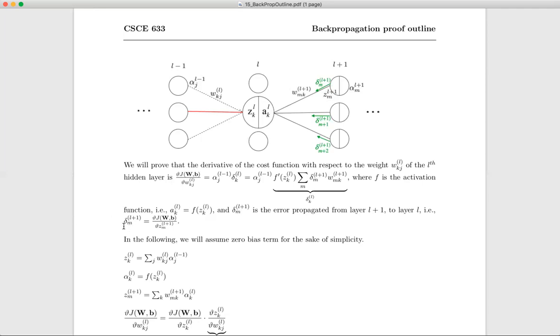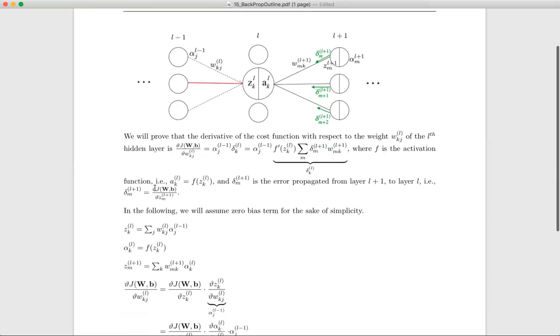If you think about it, this error says how much our cost function changes if the input in that specific node changes. So in this proof, we are going to start by expressing this first order derivative first with respect to this variable, then with respect to this variable, and then with respect to these delta variables. The reason is because we want at the end to have this expression here.